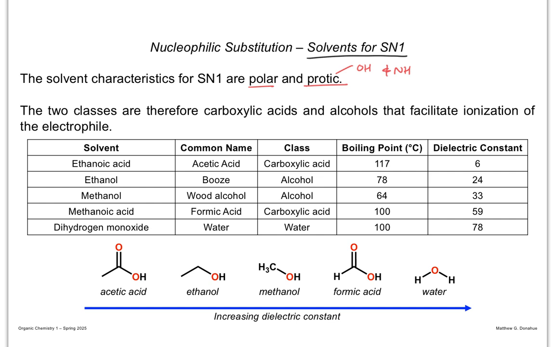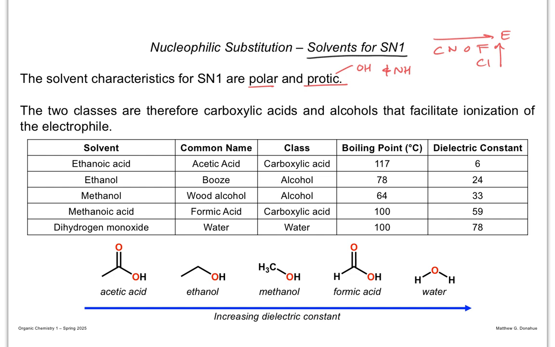The polar part, again, you determine that from a difference in electronegativity between the two elements of the bond. So you're looking at the periodic table running from C, N, O, F. So that change in electronegativity, that determines the polarity. The protic part is going to either be an alcohol or a carboxylic acid.